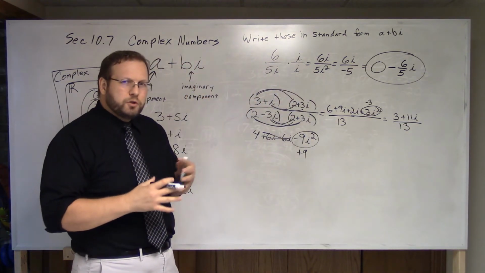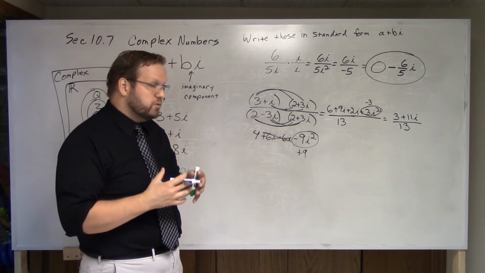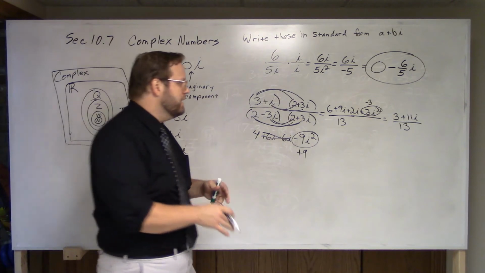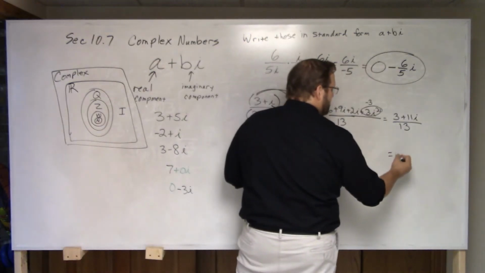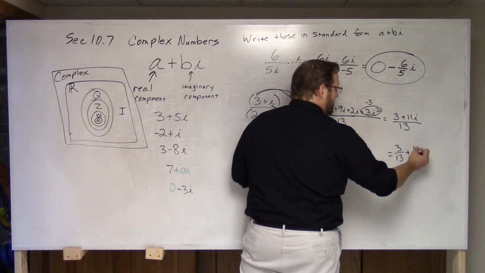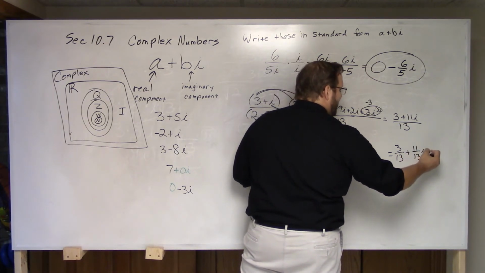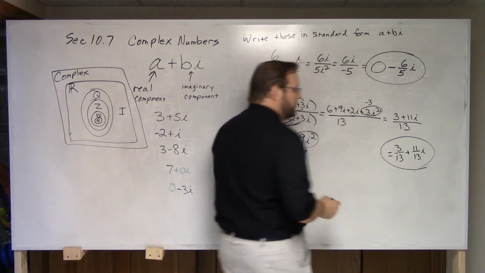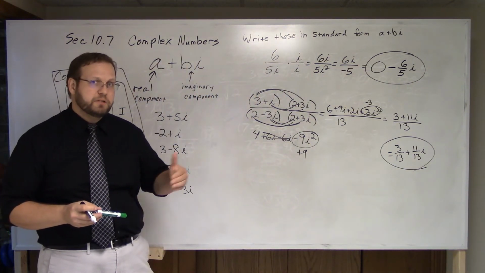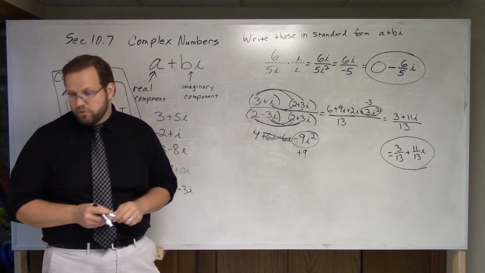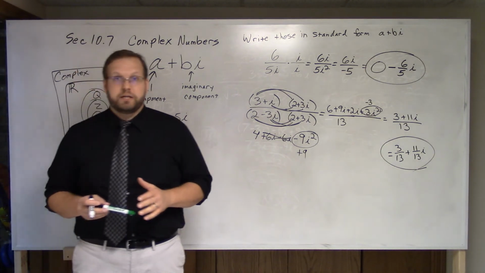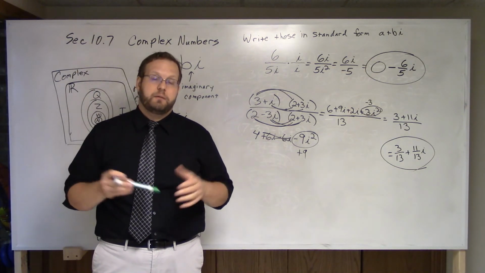Now if we're getting loose with our notation, that's perfectly fine. But if they specifically say a plus bi, I need to separate this into 3 over 13 for my real component, and then 11 over 13 i as my imaginary component. Be very careful with the instructions. If they specifically say a plus bi format, it needs to be broken up. Okay? And that's pretty much it with calculating complex numbers.